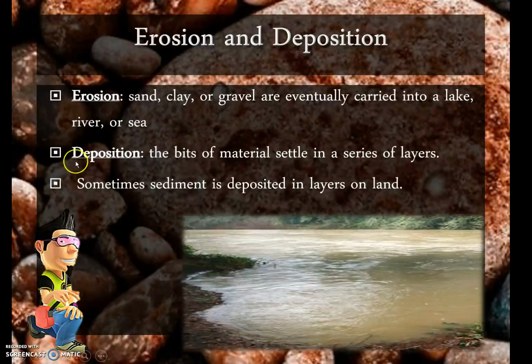The base word of deposition is deposit. That means it's put down or set down in a new place. So during deposition, bits of the material settle in a series of layers. Sometimes sediment can be deposited on land, sometimes it is in water, and both of those will affect the type of sedimentary rock that forms.